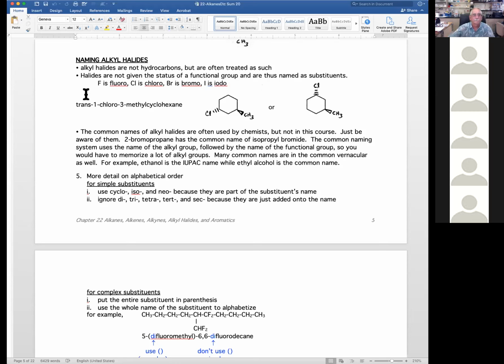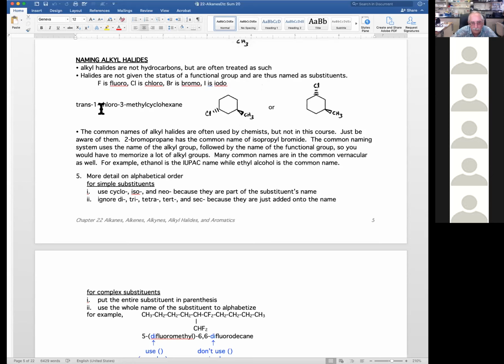Anyway, so F is fluoro, chlorine is chloro, bromo, and iodo. And astatine basically is so rare we don't even use it for anything. So we have 6 in a row and it's cyclic, so cyclohexane. That's a chloro and a methyl.